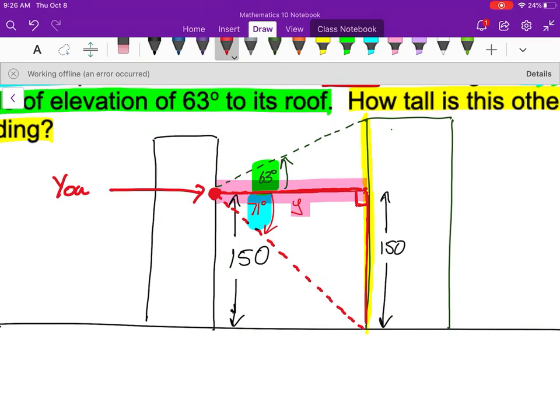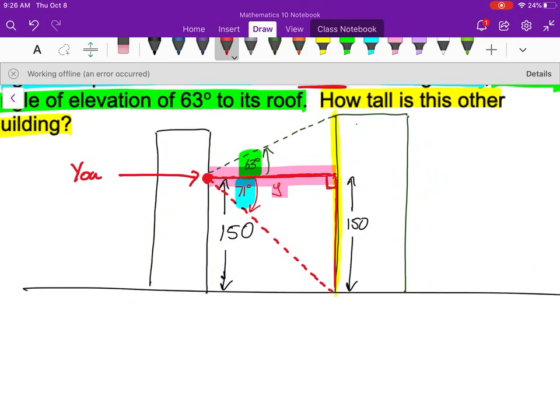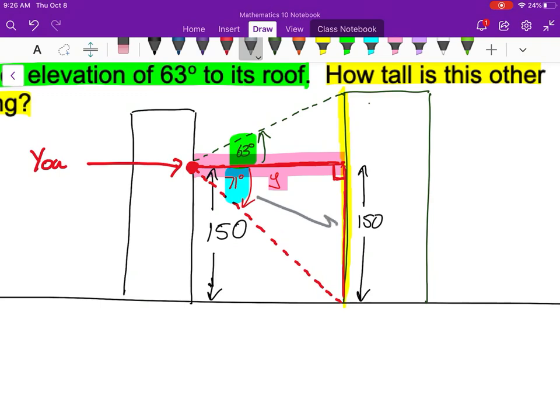That triangle in red, I now know it's a right triangle. It has a 71 degree angle, and the side opposite to 71 degrees is 150 feet. And so I can now find y. And I can find y using the tangent ratio, because from that 71 degree angle, I know the side opposite to it. I'm trying to find the side adjacent to it. Opposite and adjacent is tangent.